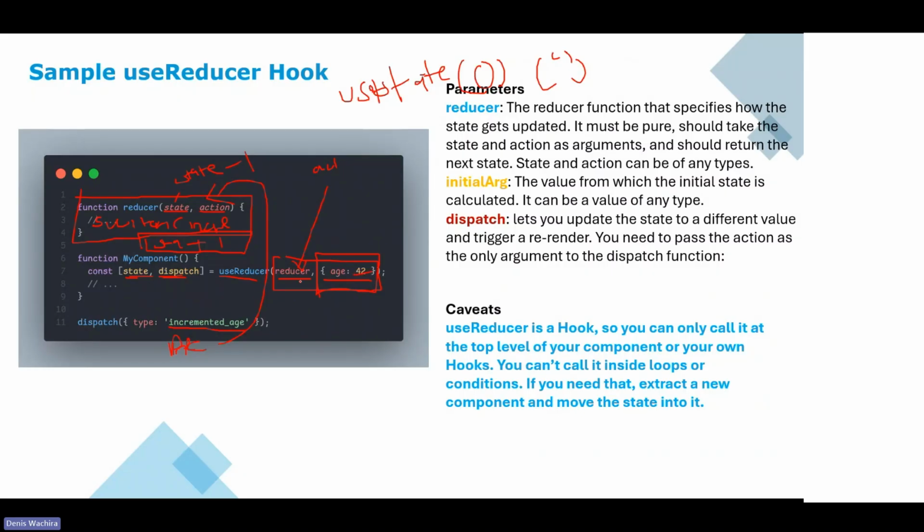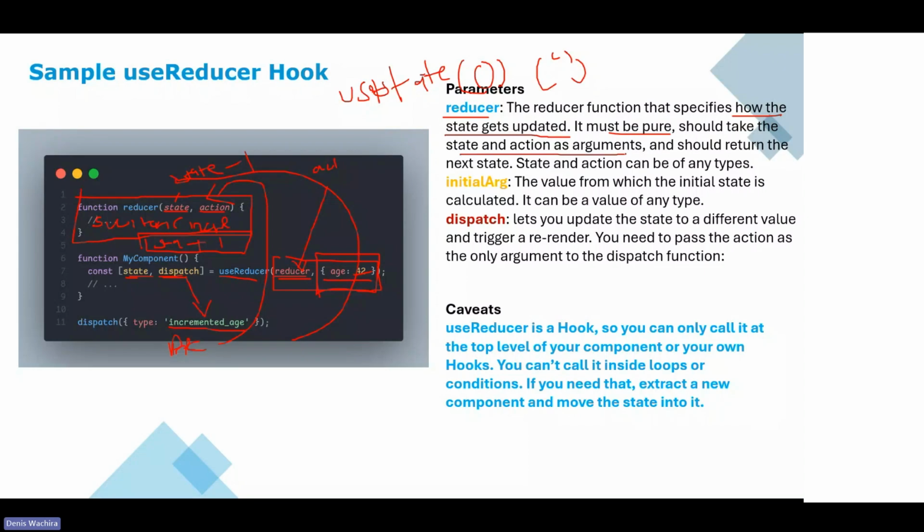If I want to increment that age, I will have to dispatch an action like increment age, which will call this function. This dispatch will call this reducer and check the switch which has an increment. So the reducer is a function that specifies how the state gets updated. It must be pure and it should take the state and action as arguments.